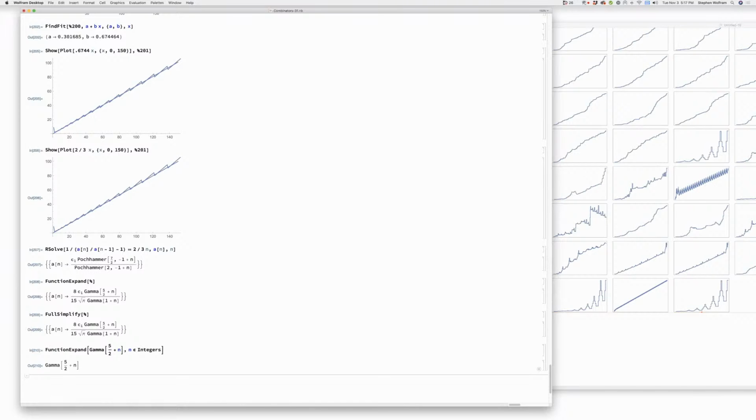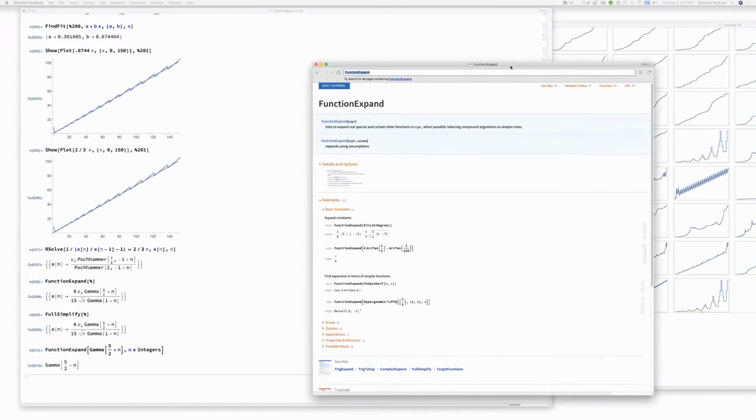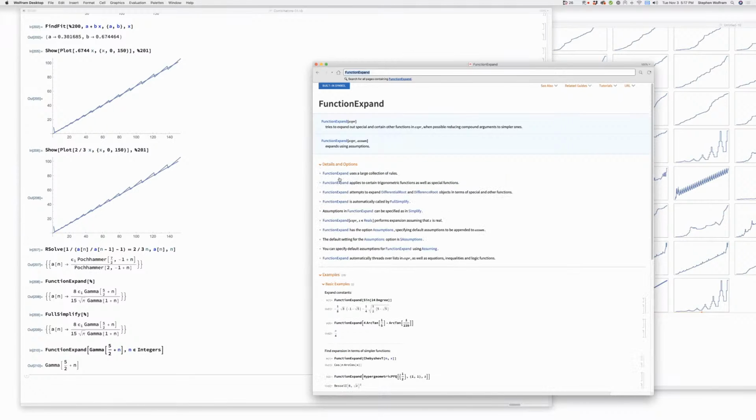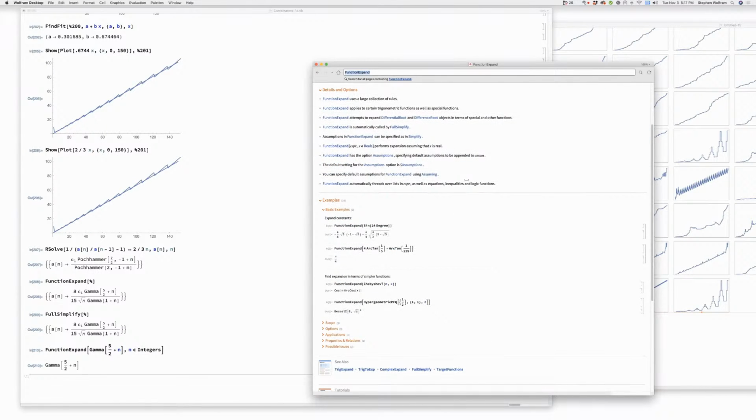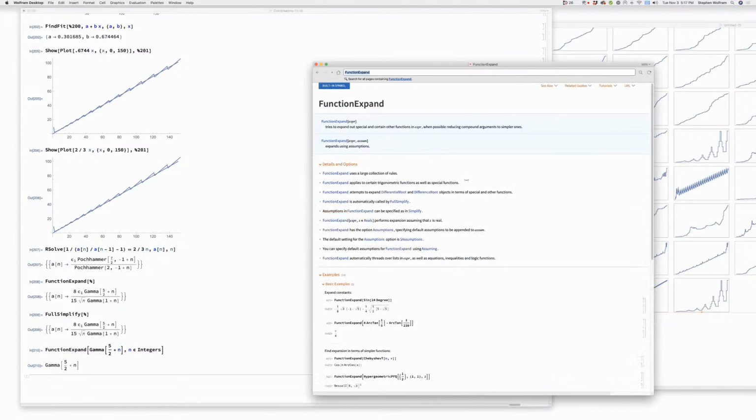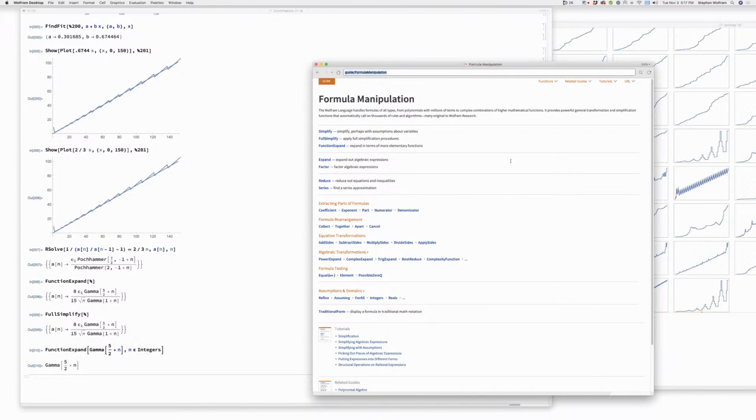Come on, there's a representation of that in terms of some gamma half-integer type thing that should reduce this. How do I do that? I haven't used this function in a long time. I know we have this capability. Let's see also. Full simplify, target functions. All right, how do I do this?